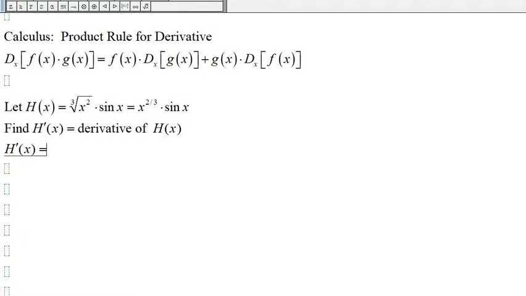And so we're using the product rule. It's going to be x to the 2/3, and then times the derivative of sine of x, and then plus sine of x times the derivative of x to the 2/3.